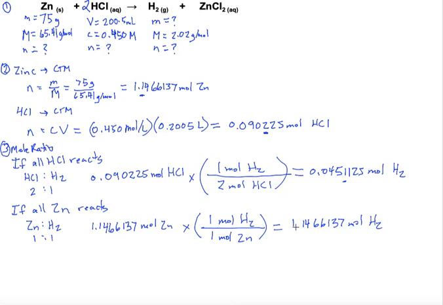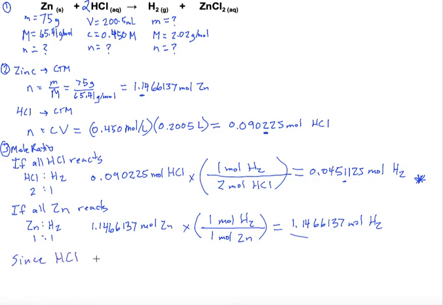So if we're trying to identify what's limiting, it's always going to produce the lowest amount, right? If it's limiting, it's going to run out first. So if all the HCl reacts, we can only make this much H2. There is no way we can possibly make this much H2, right? So this tells me something. This being lowest tells me that HCl is limiting. All right, so I'm going to make a statement here.